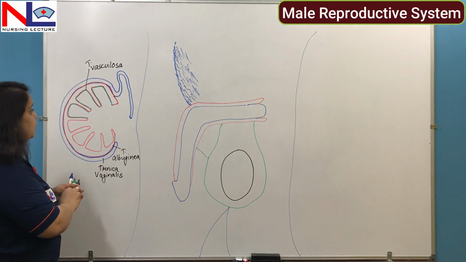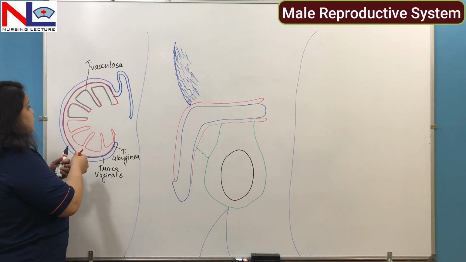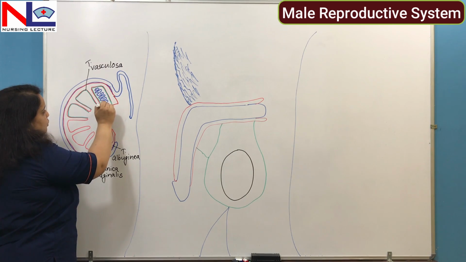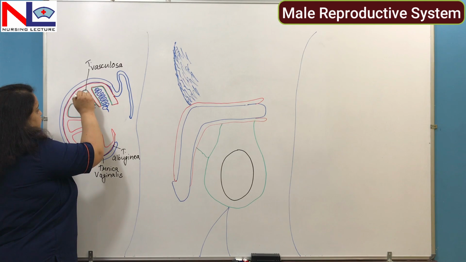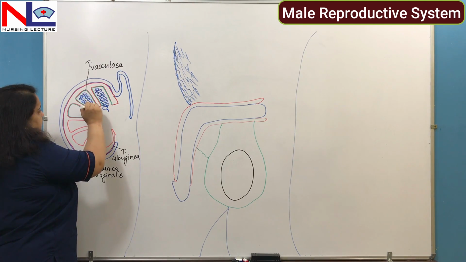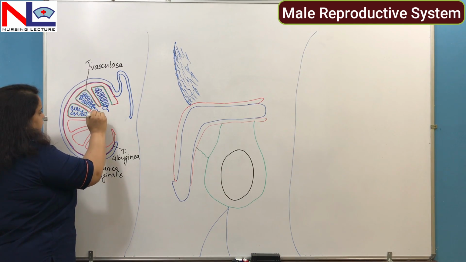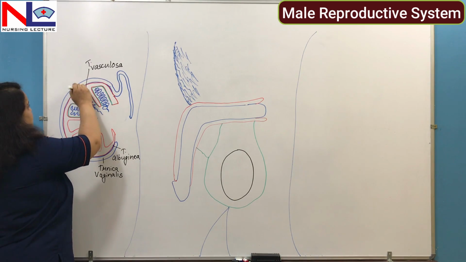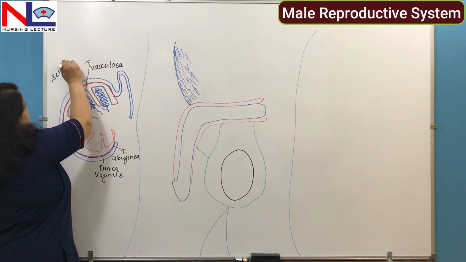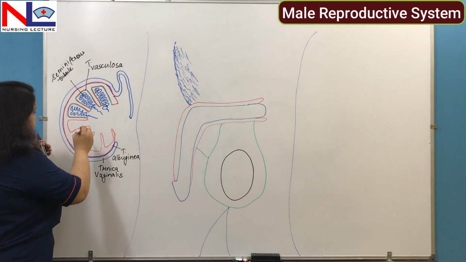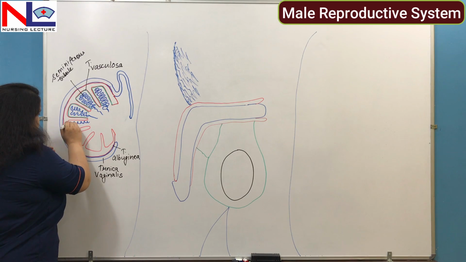Now in each lobule there are 1 to 4 highly coiled convoluted tubules, which are called seminiferous tubules. So these are the seminiferous tubules. Let me draw in all the lobules.